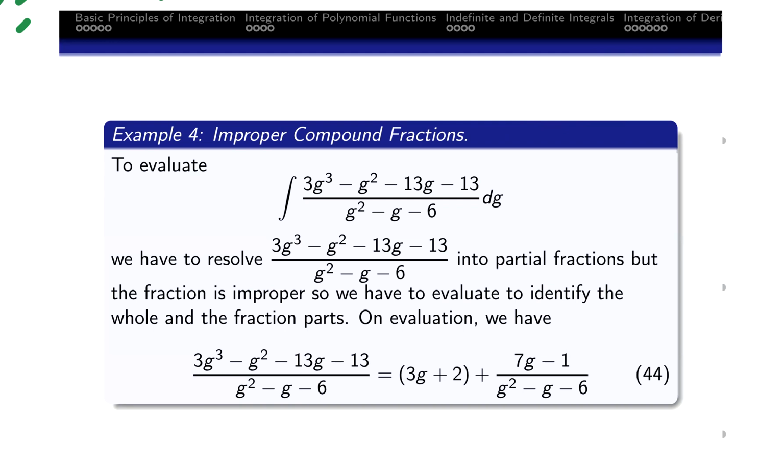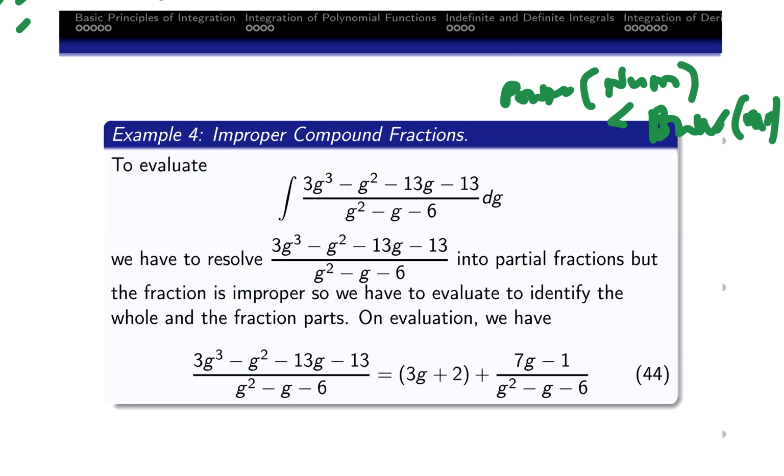A compound fraction is only proper if the power of the numerator is less than the power of the denominator. By power I mean the highest power of the variable under consideration. But if the power of the numerator is greater than or equal to the power of the denominator, then it is improper.